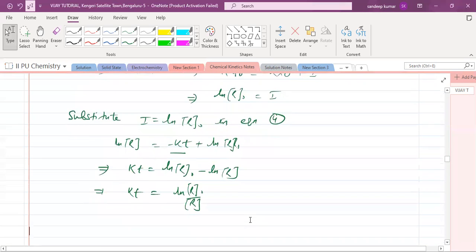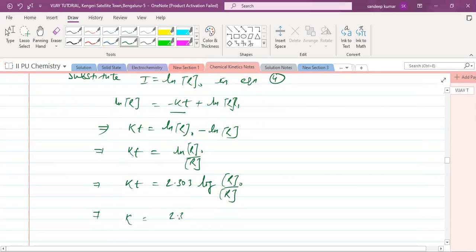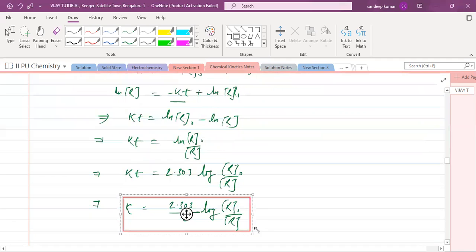If you want to convert this natural log to log base 10, you have to multiply by 2.303. So we can write KT is equal to 2.303 log of initial concentration R0 by R. Or we can write the expression of K, the rate constant: K is equal to 2.303 upon T log of R0 upon R. This is the expression of K for a first order reaction.